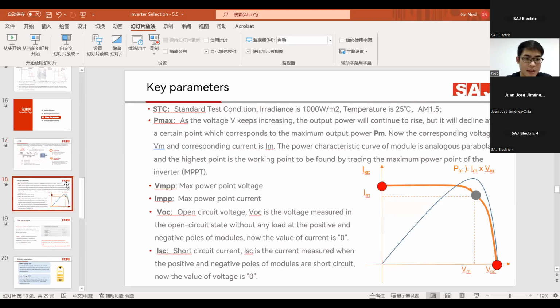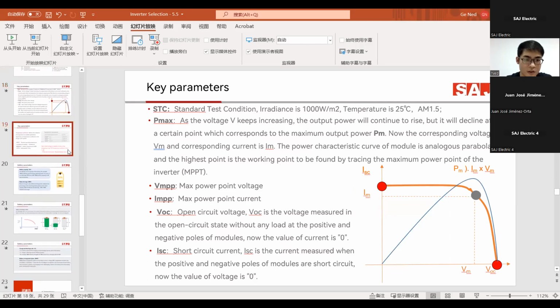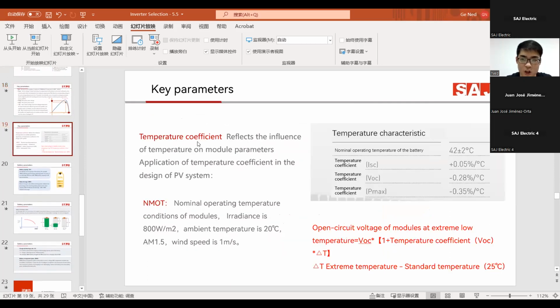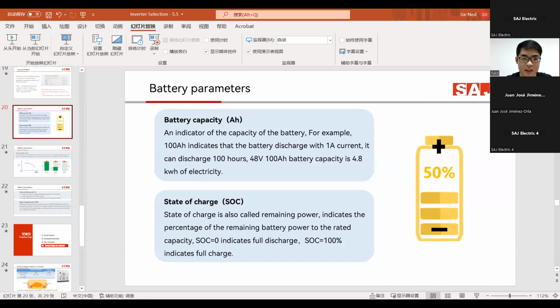And next slide is STC. These parameters we have introduced in the PV panel section. This is the temperature coefficient and NMOT. These are battery parameters, first is capacity. 100 ampere hour means discharging with 1 ampere current, it can work for about 100 hours.